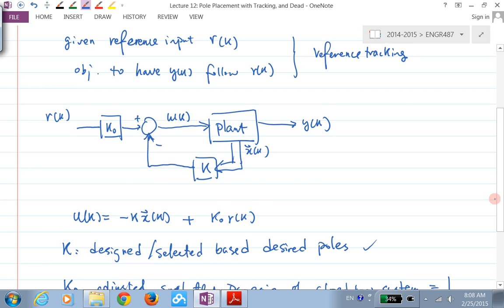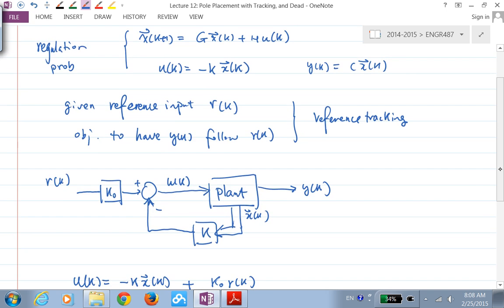Here's the u of k, and here is our state space model, right? So let's plug this u of k back into our state space model. It's basically like the feedback here. If I plug this quantity back into here, what do we get?